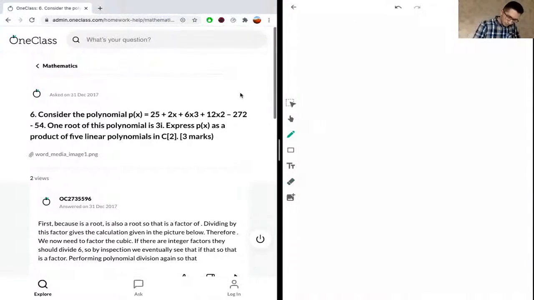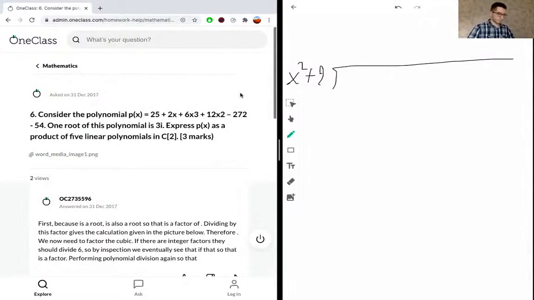Essentially we want to do long division of the following. We're going to divide x squared plus 9 into the initial polynomial, because we know we can divide this into the polynomial and get no remainder.